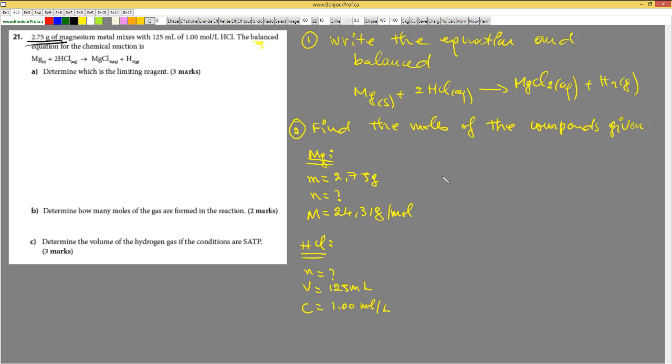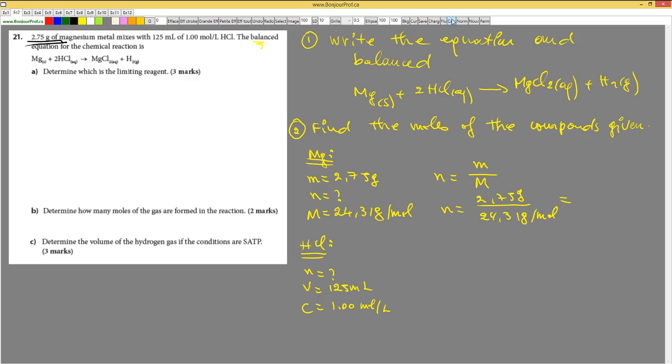So how do we find the number of moles? We have a formula: the mass divided by the molar mass. So now n equals 2.75 grams divided by 24.31 grams per mole. Make the division in your calculator.